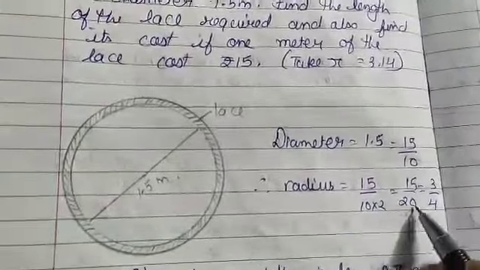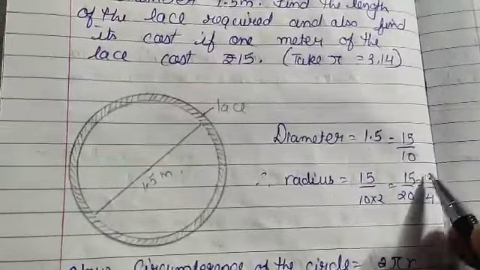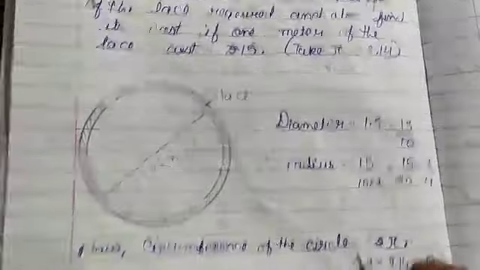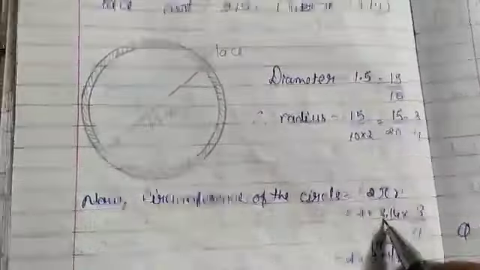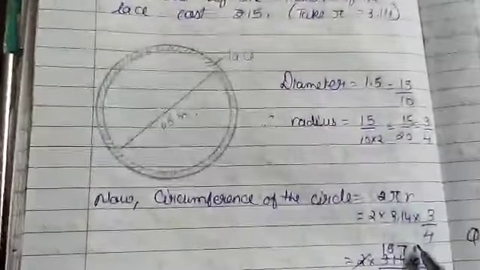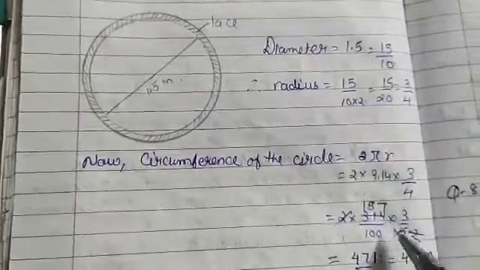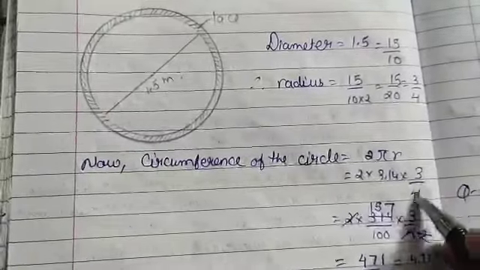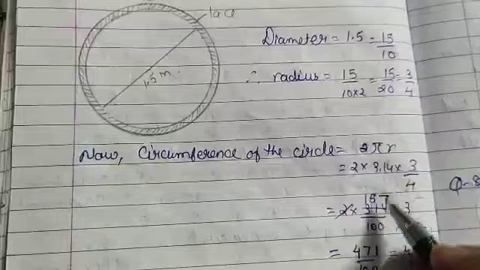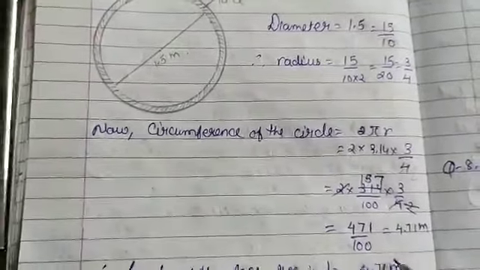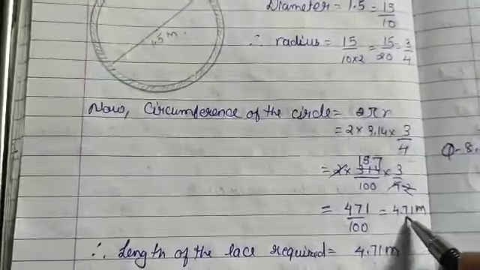When I reduced it, I got 3 by 4 as the value of radius. Now find the circumference of the circle, that is 2 pi r. 2 into the value of pi, which is given as 3.14, multiplied with the radius 3 by 4. After cancellation, that is 1.57 into 3, which gives 4.71 meter.